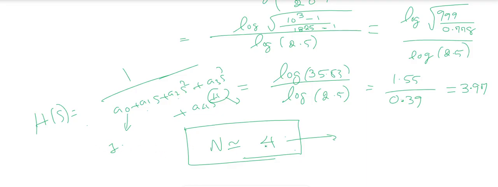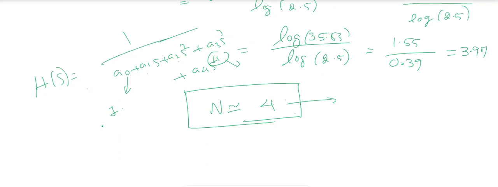From the given specification, find the order of the filter. Once you find the order, you can form the transfer function. In the transfer function, the coefficient a0 is 1 for all N, and a1, a2 and all the other polynomial coefficients you can find from the table and form the H of s transfer function.